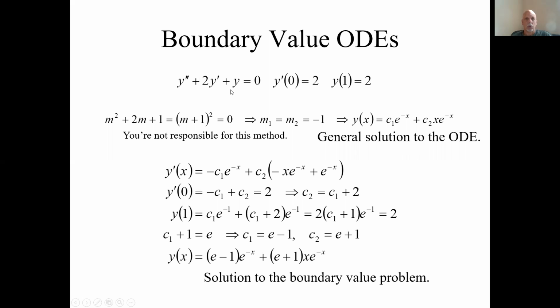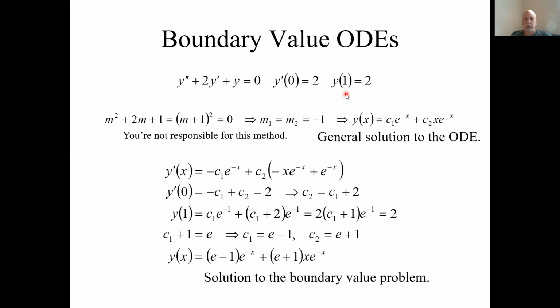Because a boundary condition in this case is on a derivative, we need to find the derivative of the solution. So we needed to take that derivative. Then we plug in 0 because that's where that condition is given. And we get this relationship, which at least relates the two parameters.